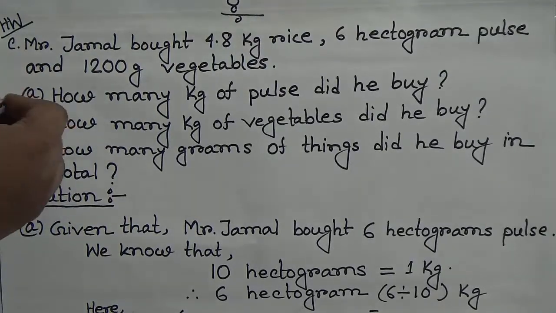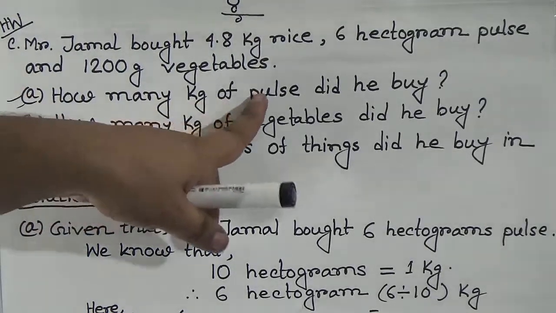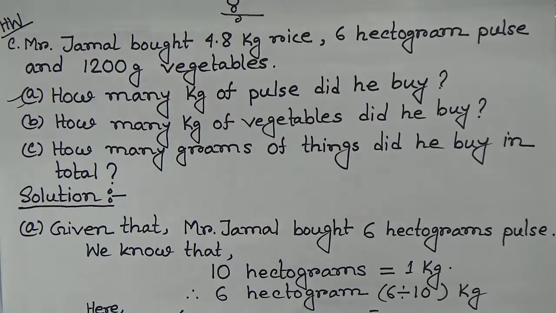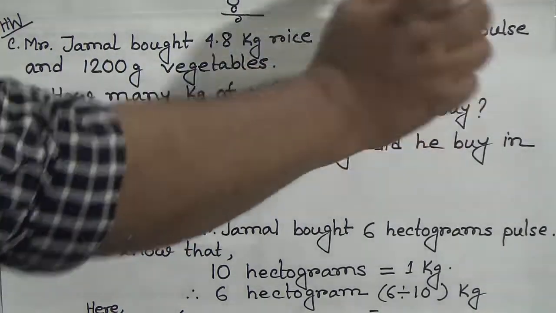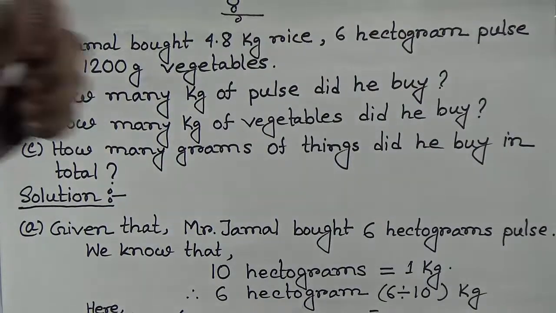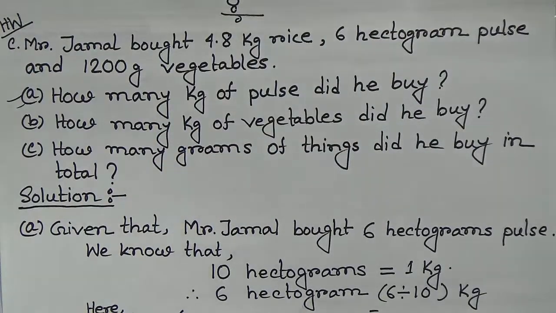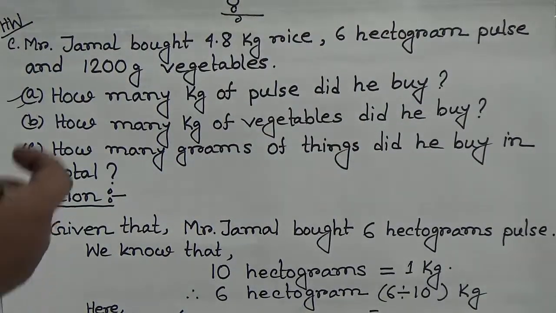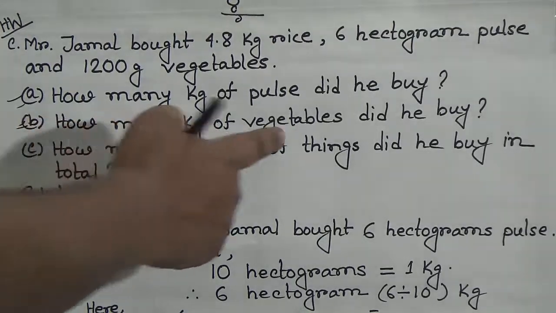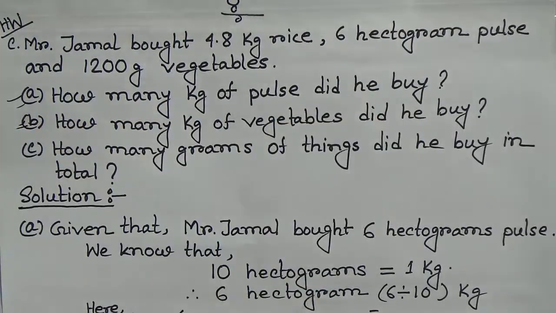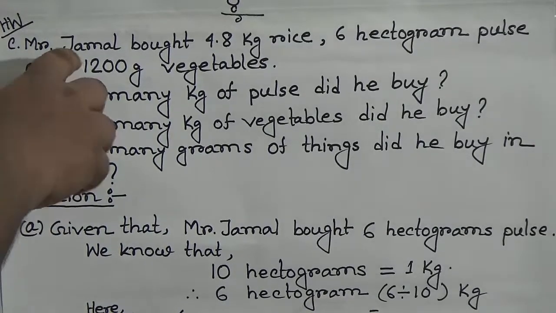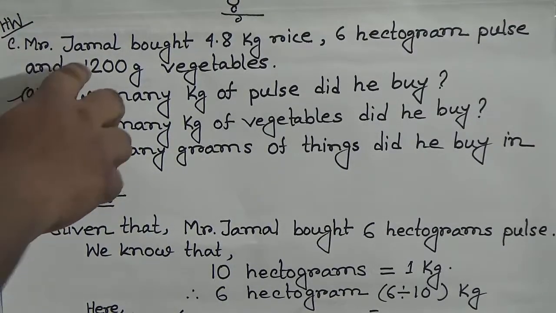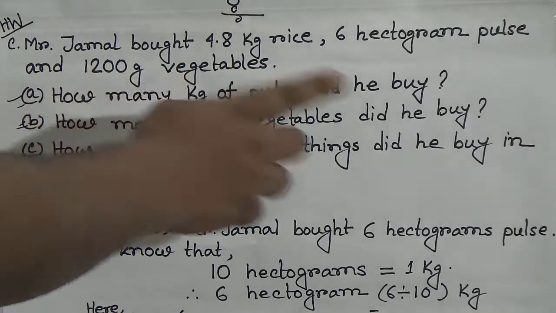So the first question is, how many kg of pulse did he buy? The stem gives you the information that he bought 6 hectogram pulse. So we need to convert this 6 hectogram into kg, then we get the answer. Question number B, how many kg of vegetable did he buy? The stem gives you the information that Mr. Jamal bought 1200 gram vegetables.